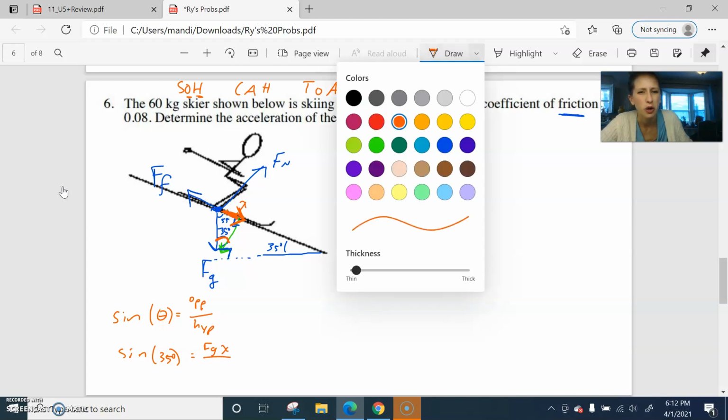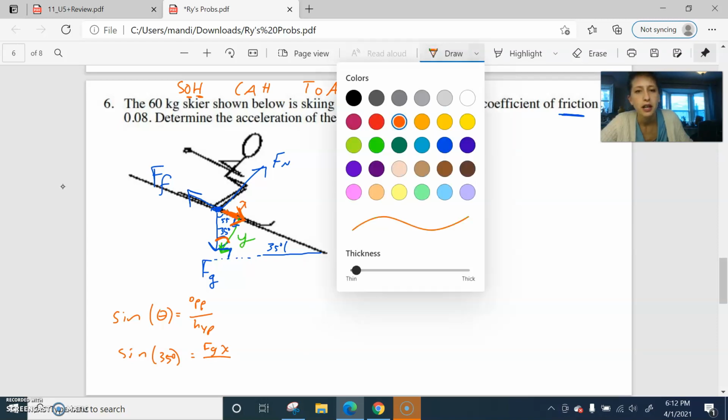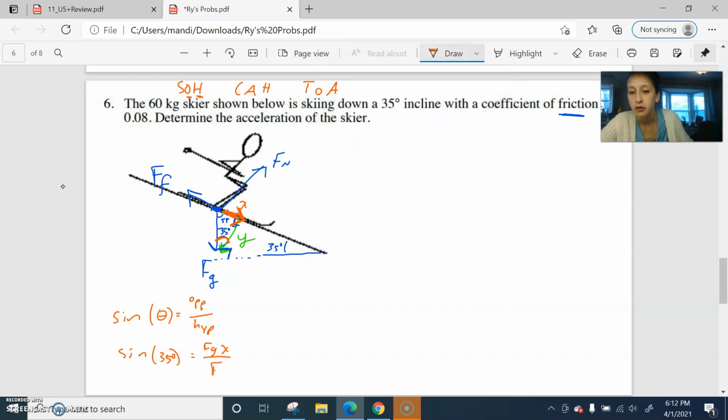That lime green one, we'll call that one the y direction. And then the hypotenuse of this triangle, the hypotenuse is Fg, our gravity force. Your teacher might call it mg, that's totally fine. So if we do Fg times the sine of 35, we get Fgx, the part that we care about.